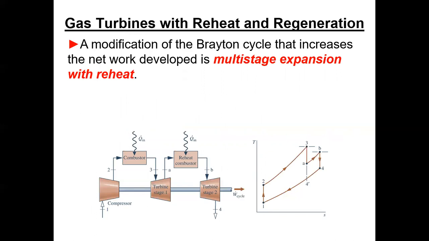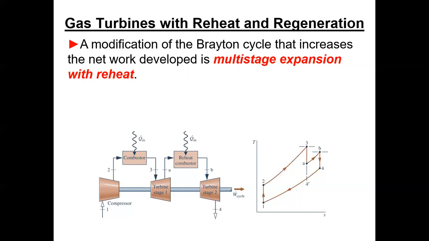Okay, so now we move on to another idea. What we can do is add a reheat cycle, which is what we did in the Rankine cycle. We would do a partial expansion through one turbine, take it back to the boiler, heat it up again, then take it back to another turbine.